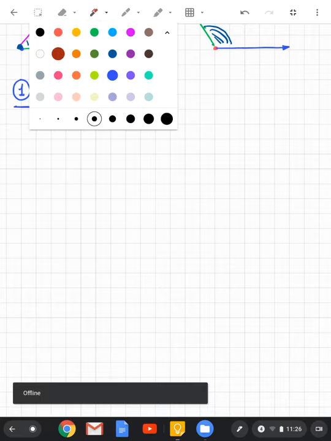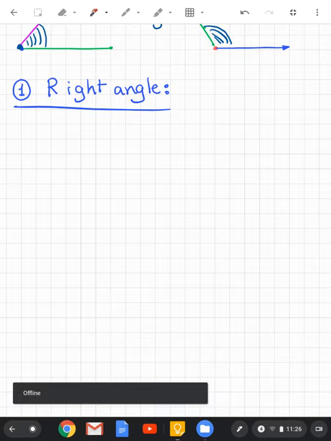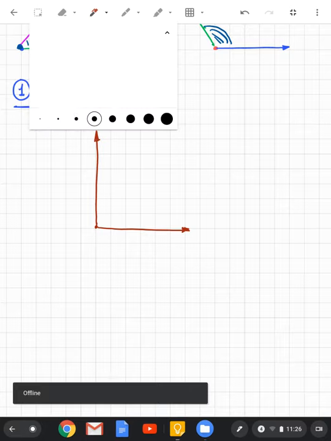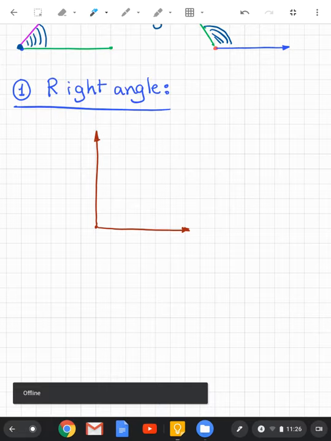Here we have the start point, then this is the first side of the angle, and this is the second side of the angle. This we call the right angle, or the square corner, as you used to say before.